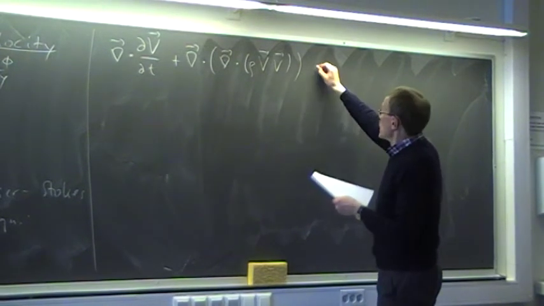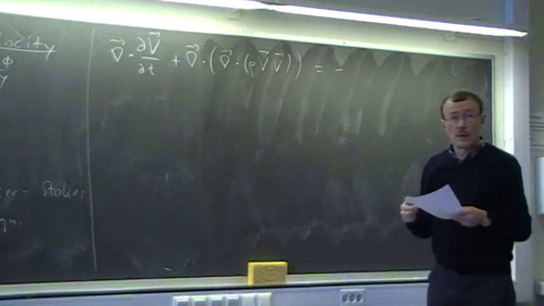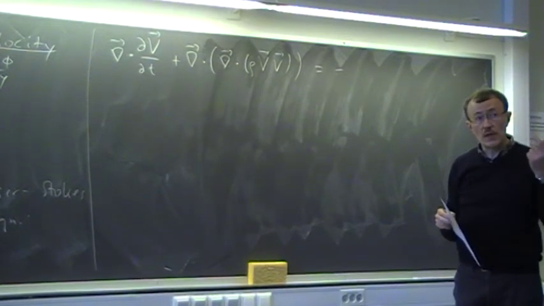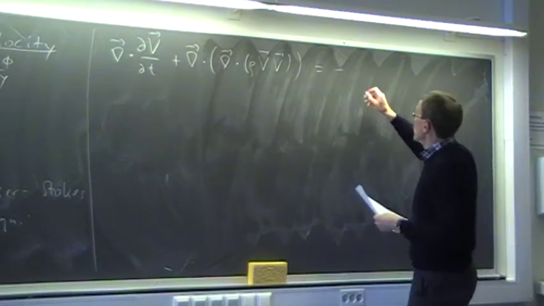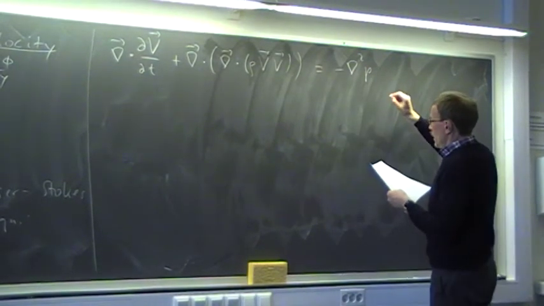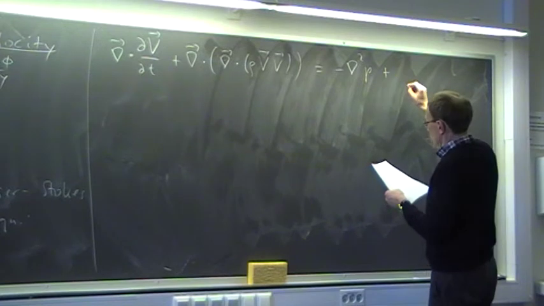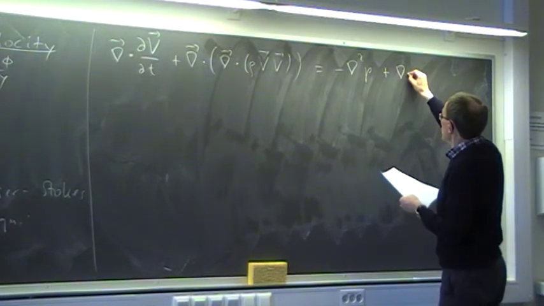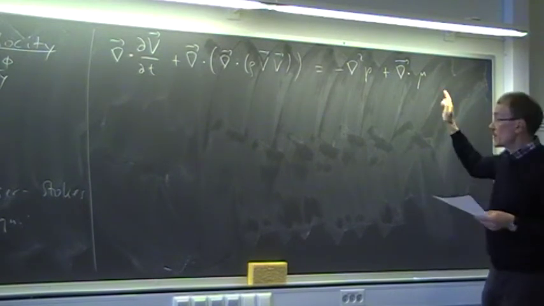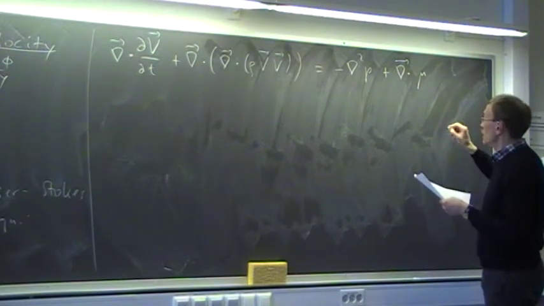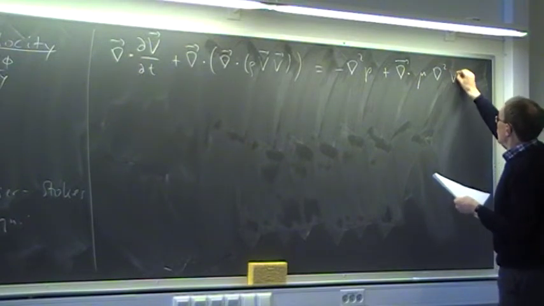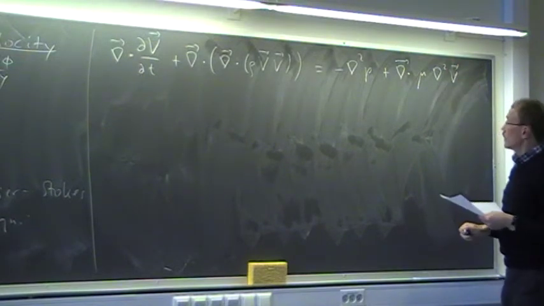And on the right hand side we get the divergence of the gradient, that is the nabla squared, the Laplacian of the pressure, and we get the divergence of, if we assume that mu is constant, that is an assumption here, the nabla squared of the velocity vector.